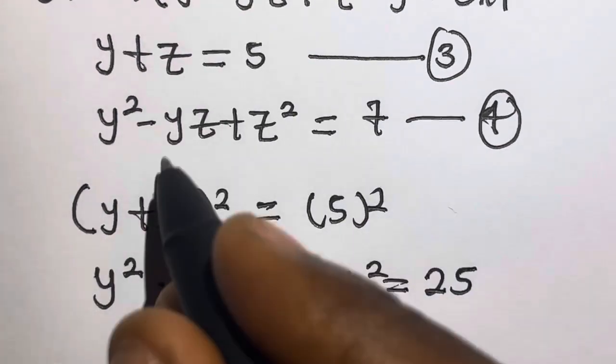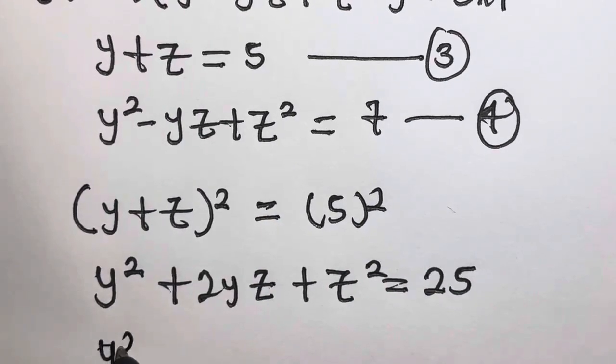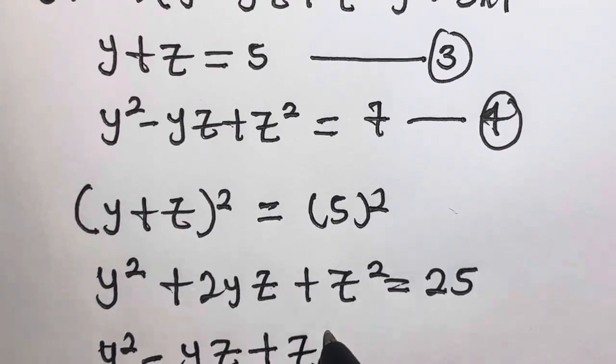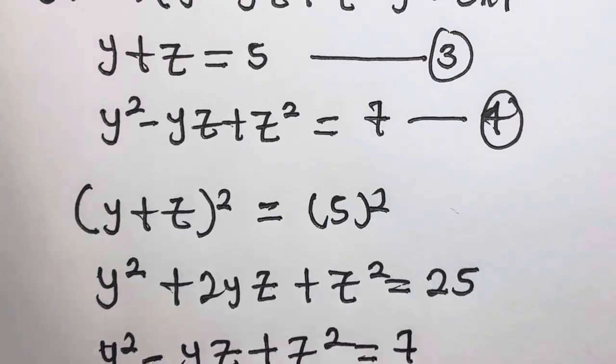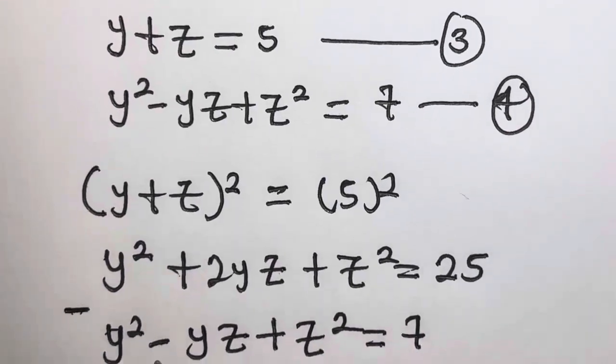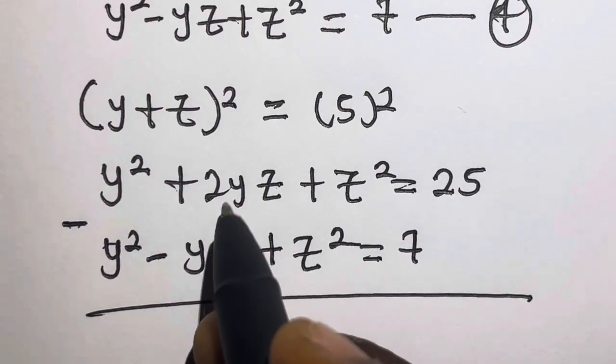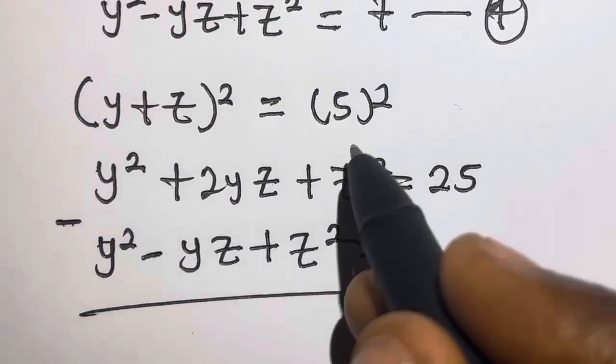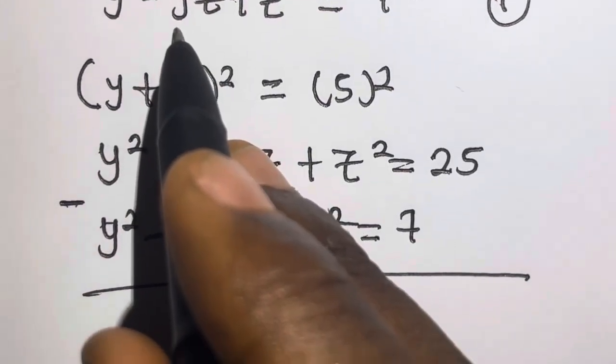And remember that our equation 4 is y square minus yz plus z square equals 7. So let's subtract equation 4 from the square of equation 3.